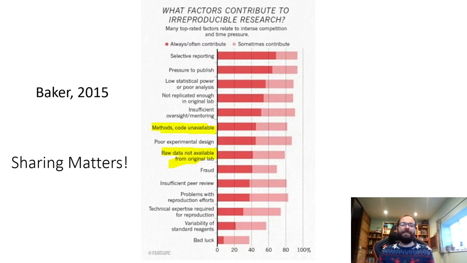The failure to share data, code and materials prevents us from trying to reproduce findings and verify existing conclusions. But also they can be used to do things like, for example, trying other analyses or approaches and working out whether the conclusions are the same, or using the resources to inform future studies. So, for example, informing sample size estimates through power analysis.